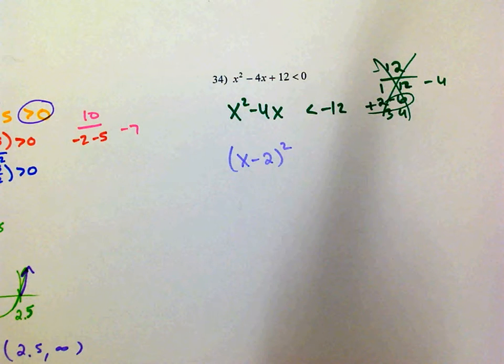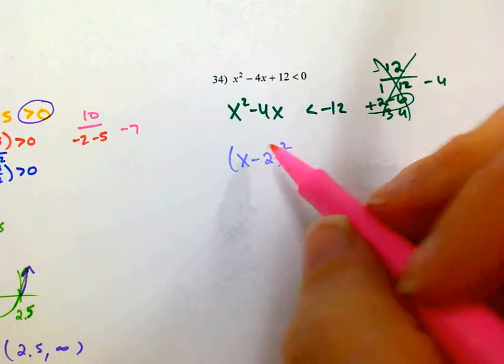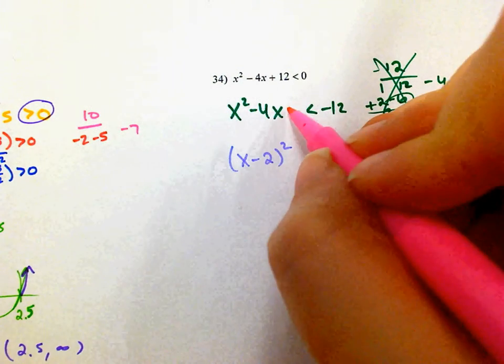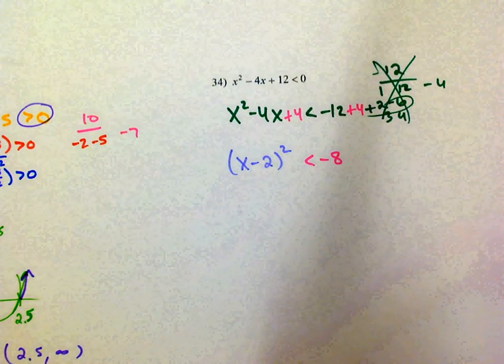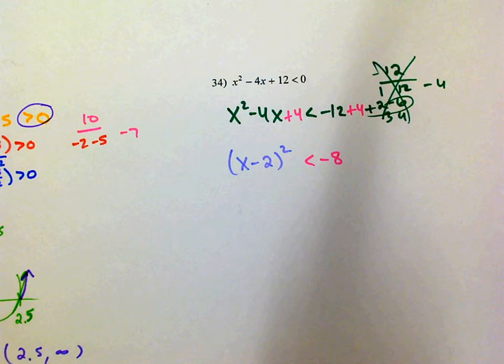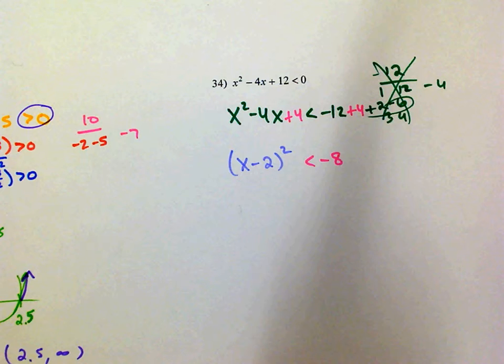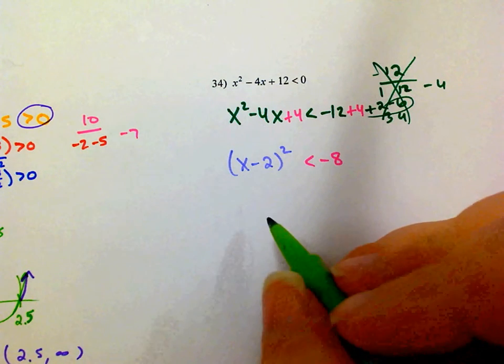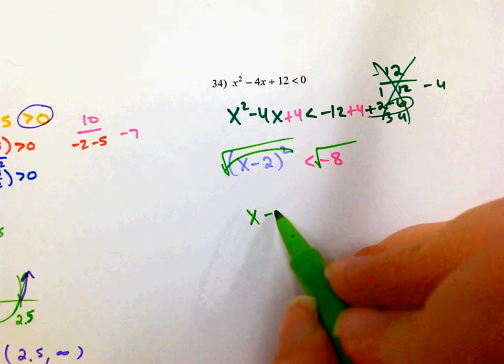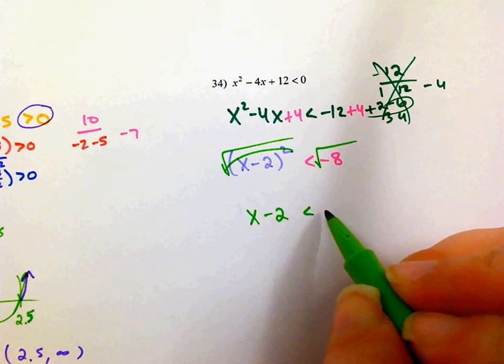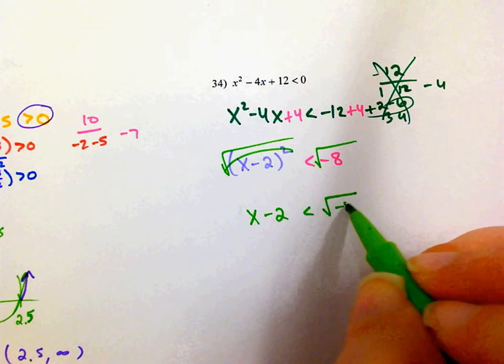Now, when I'm solving these questions, and when you're solving, I want you to think about the real plane and what we're talking about on the x and y axis. So when you take the square root, x minus 2 is less than, you got this, and then you look at this. But to have a square root of a negative number is to say that, and that is not on the real plane.